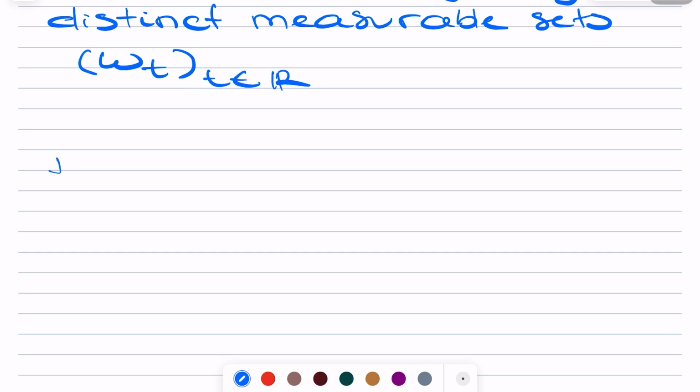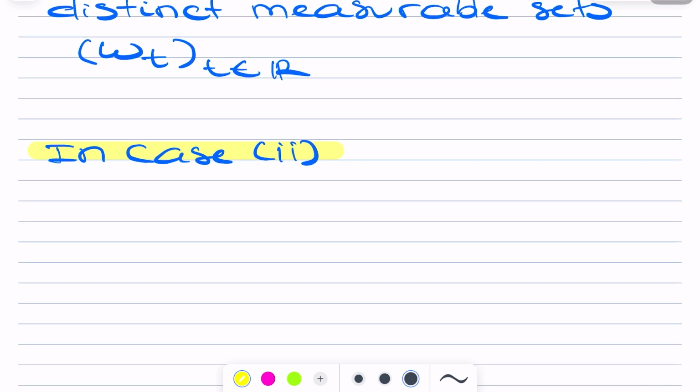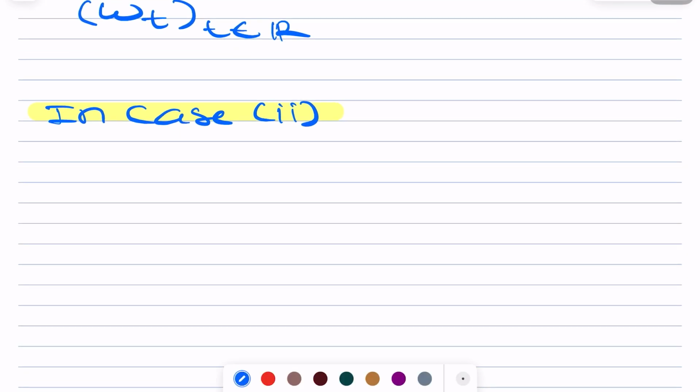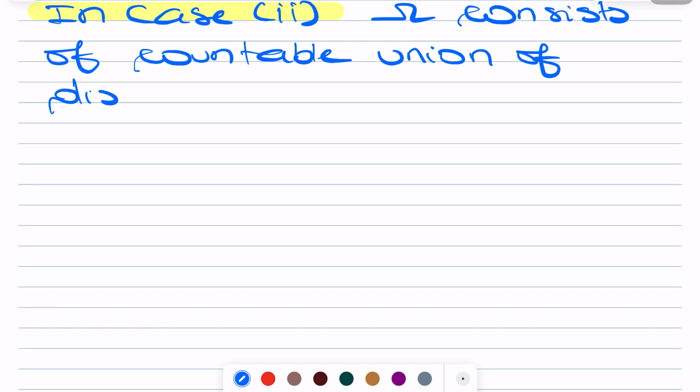So in case number 2, if the non-atomic part is a null set, then omega consists of a countable union of distinct atoms.